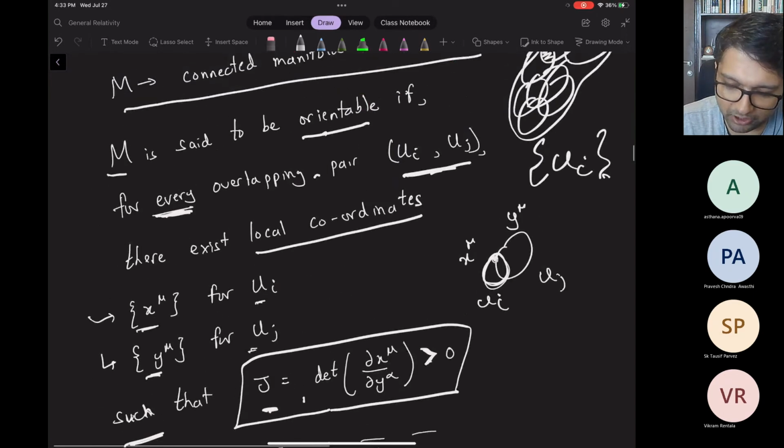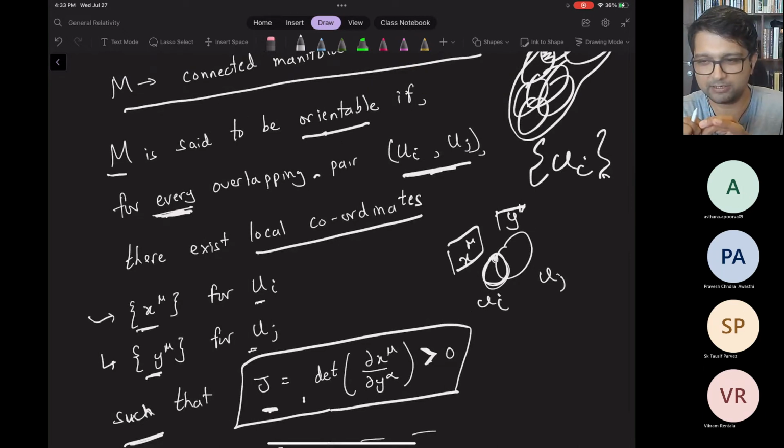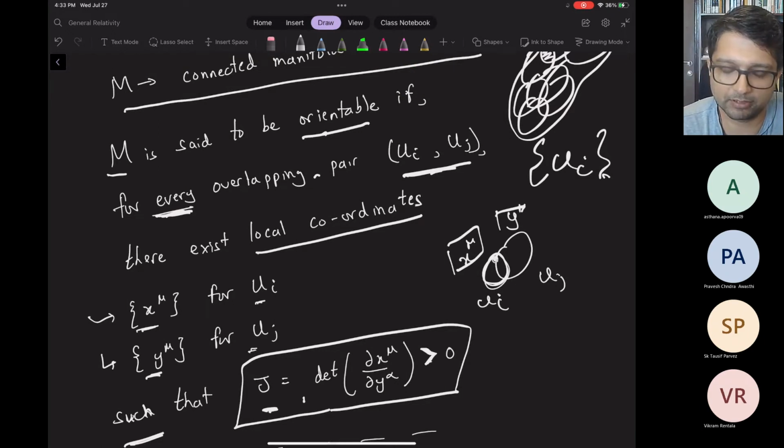If I can find such a set of coordinates on every pair of intersecting patches, then I say that the manifold is orientable. That gives me a definition of what we mean by orientability.